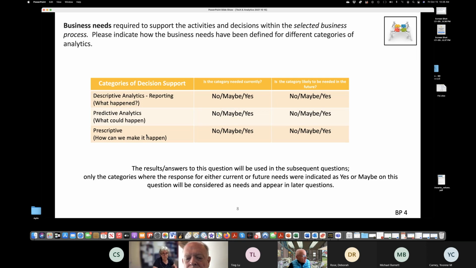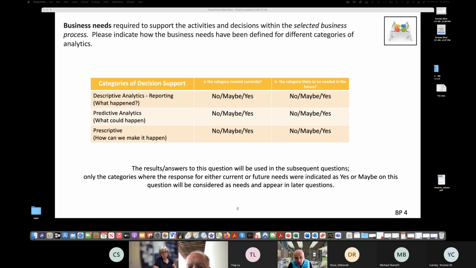So it is really to get different stakeholders to discuss and create a map, and then they could decide, okay, in the short term we want to do this, but in the long term we're interested in this.